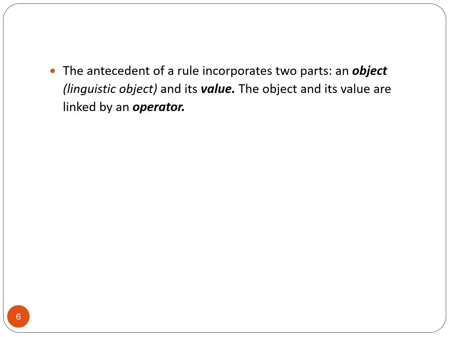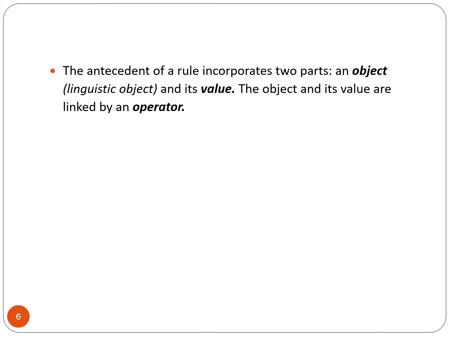The antecedent of a rule, in the if part, is incorporated into two parts. We call them an object, or linguistic object, and its value.